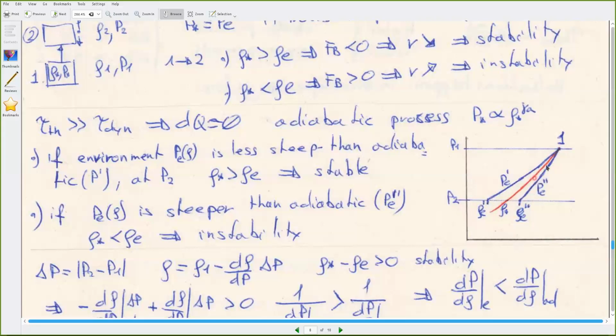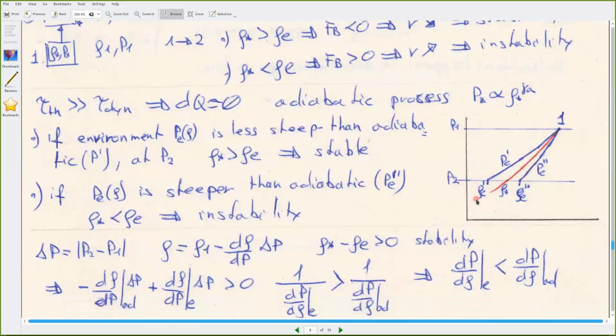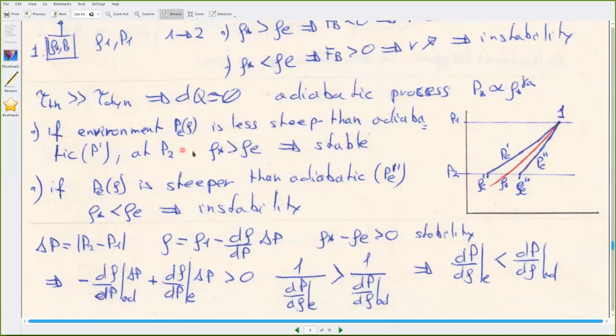You see here the tangent; the derivative is definitely bigger here than here. If the environment is less steep, like in this case, then in point 2 the object has a density higher than the environment, so it is stable.